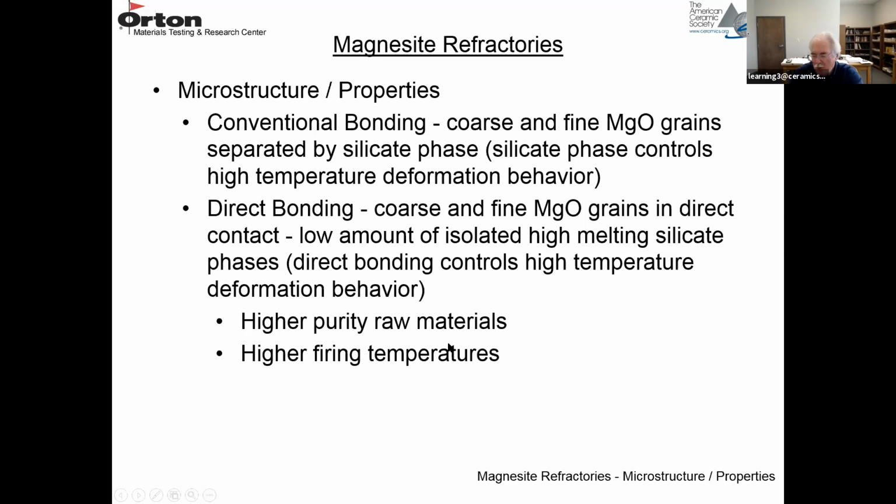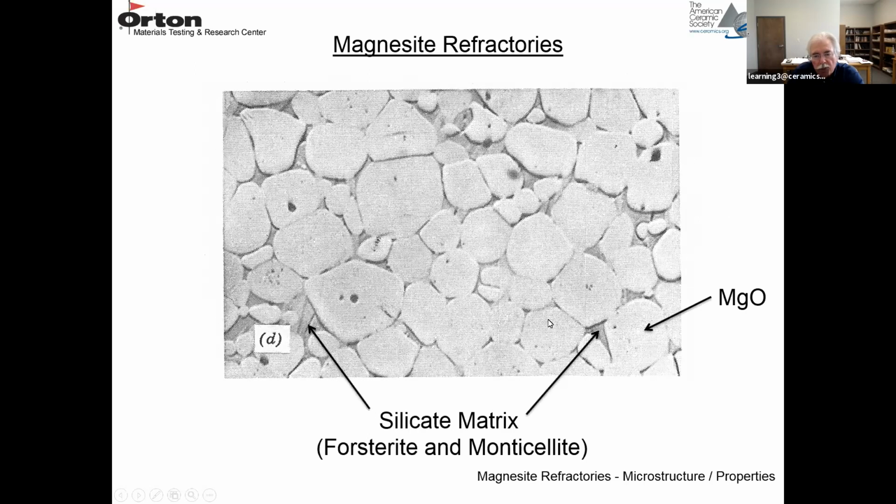And this is a microstructure of an MgO refractory. The lighter phase are the MgO crystals. You can see that a lot of crystal contact at the grain boundary, so there's quite a bit of direct bonding here.